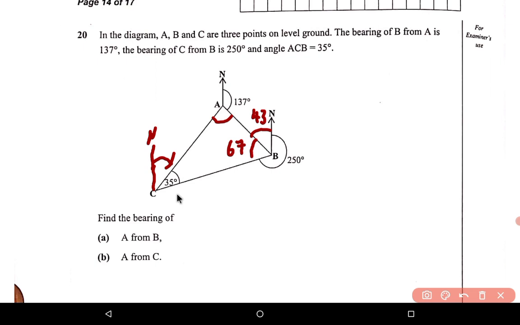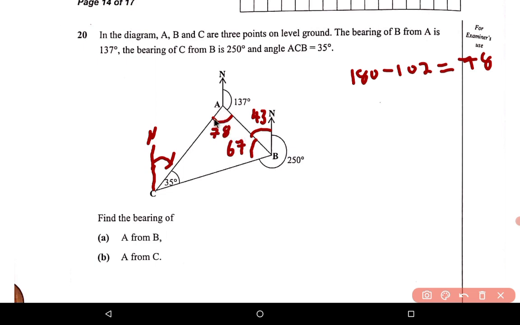This and this will give us 102. So 180 minus 102 will give us 78. So this means here it is 78.